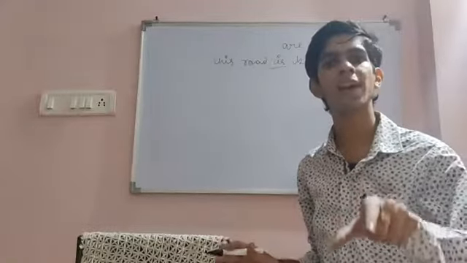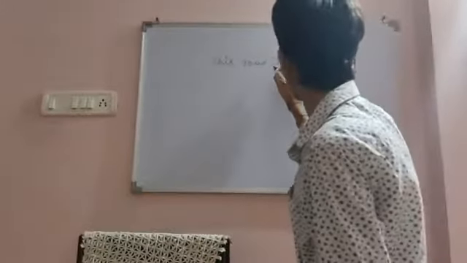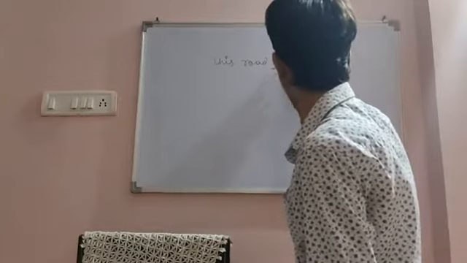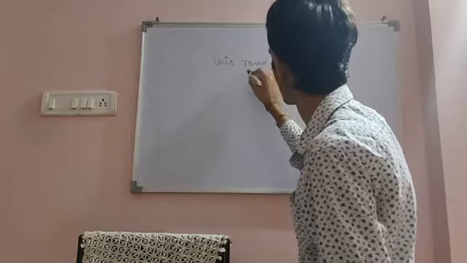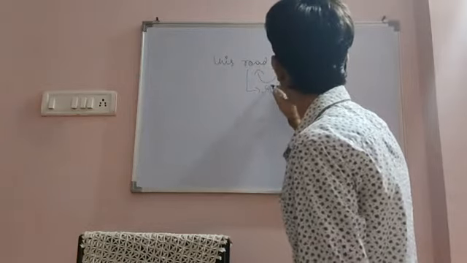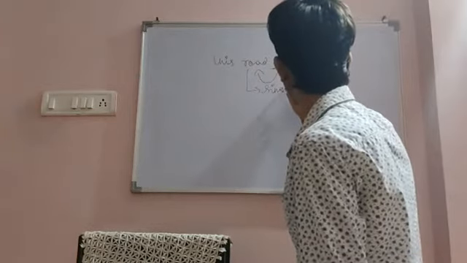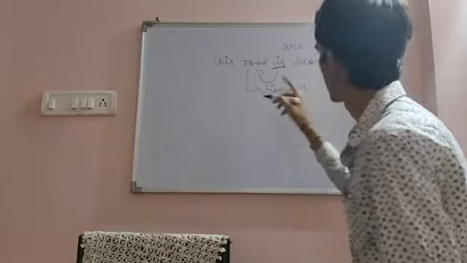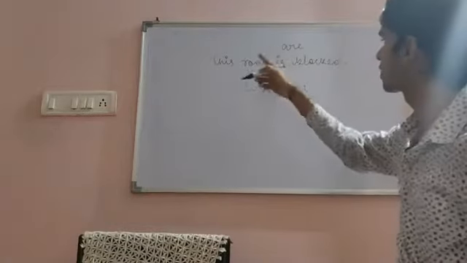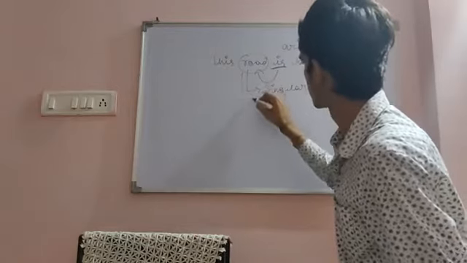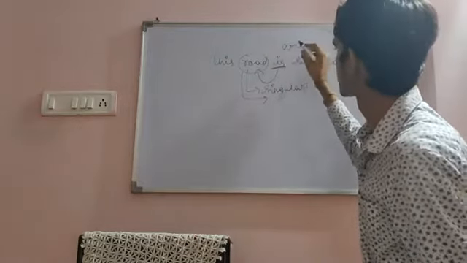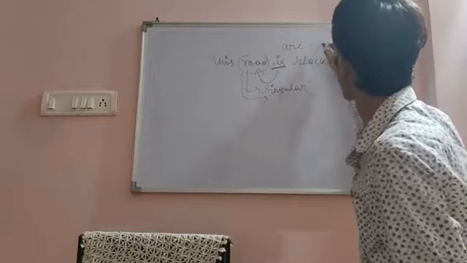No. Why is that so? Because the verb in this sentence is agreeing with the subject road, which is singular. But if I use "are," then the subject is singular but the verb is plural.